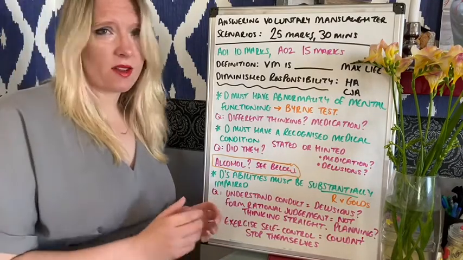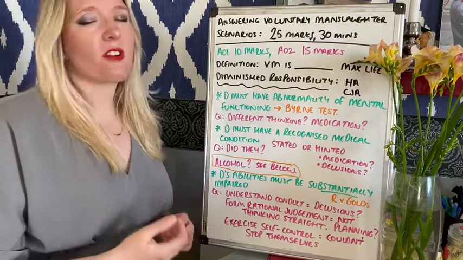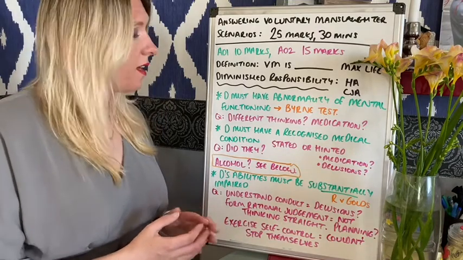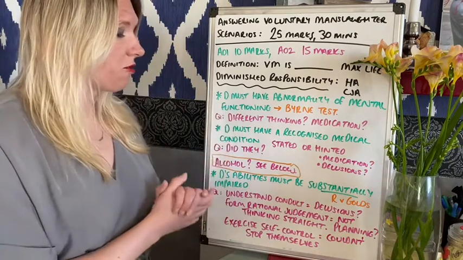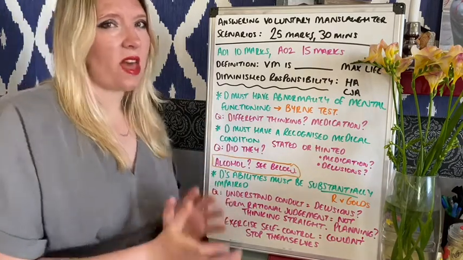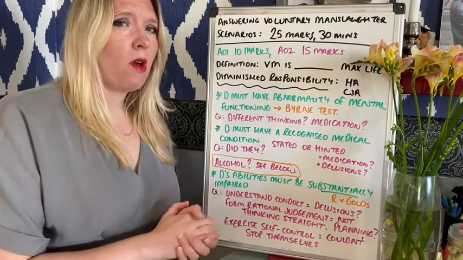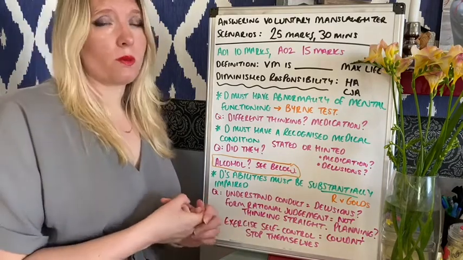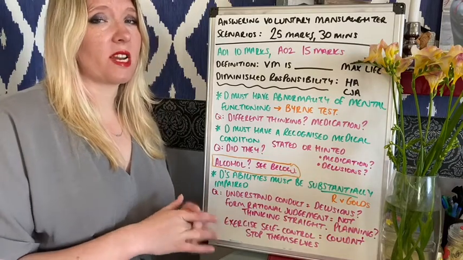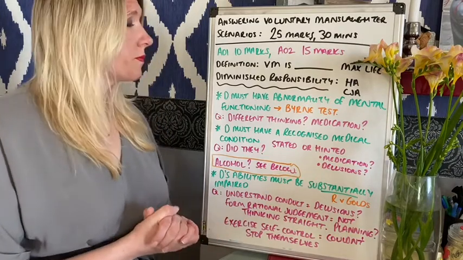Now, you don't have to do it that way. If you're not very confident with voluntary manslaughter, you can do all of the AO1 first, which is represented here in green and orange, and then the AO2 later, which is represented in the pink. You can also put headings, which I think is a really useful thing to do.